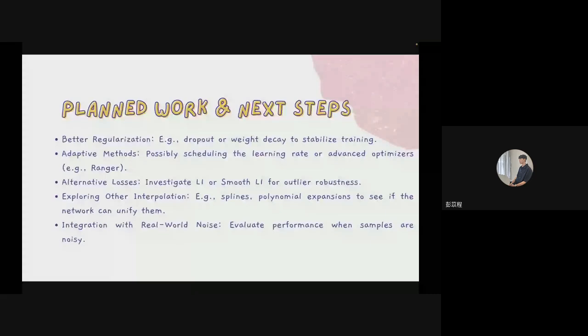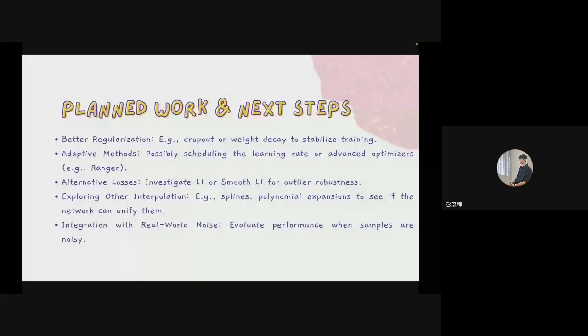Yes, and next is future work and next steps. We plan to enhance training stability and adopt advanced strategies.